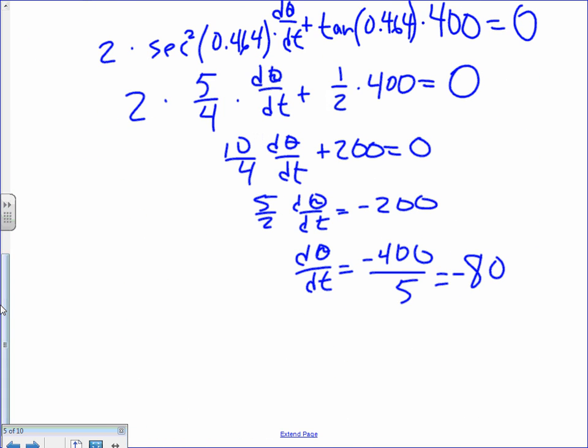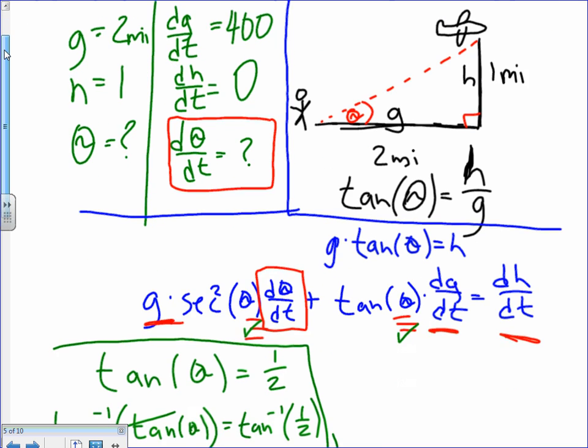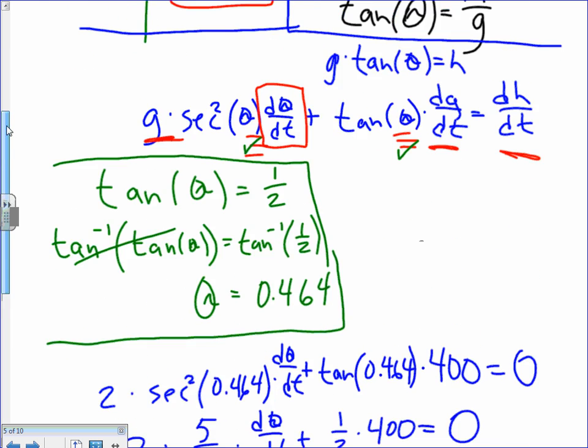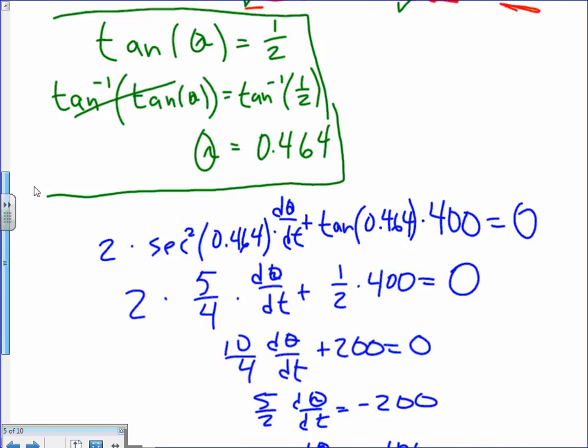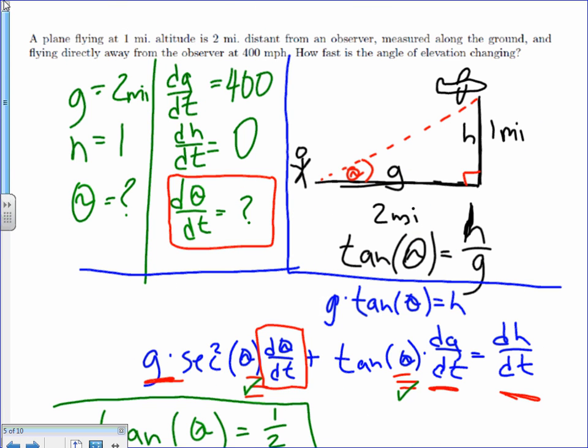Did I miss something? That seems really fast to be changing. That angle is changing very quickly. I'm going to have to go back and double check my work on this one, but the angle is decreasing at 80, and my calculator was in radians. I guess it doesn't matter. How fast is the angle changing? Negative 80 radians per, I guess we were going in per hour, right?